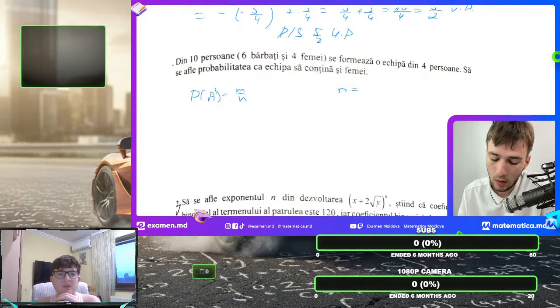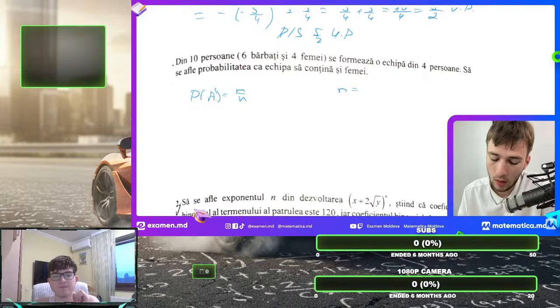Now in terms of favorable cases, it has to be females. Also we have 4 females, fewer than men, and I think we need to write down 4 circles representing the 4 people in the team that we're selecting.